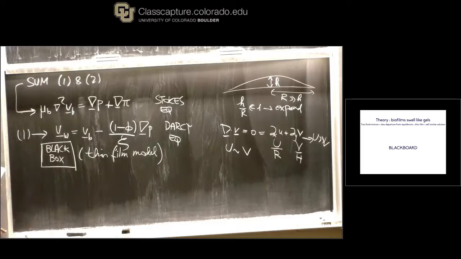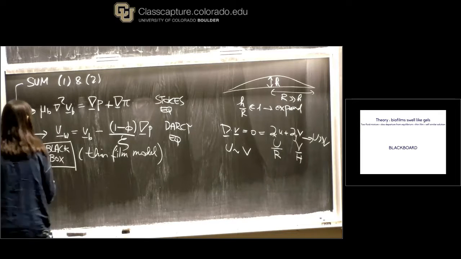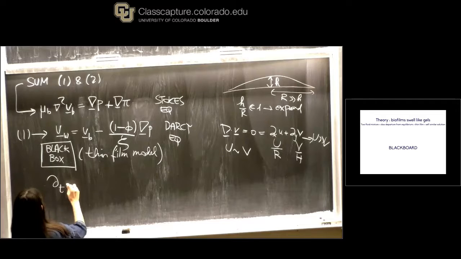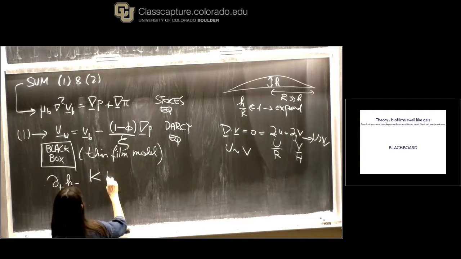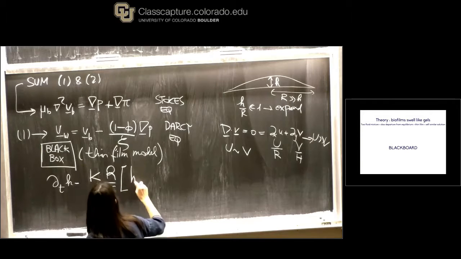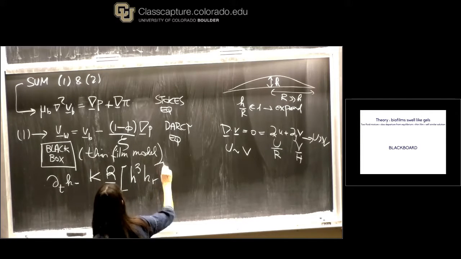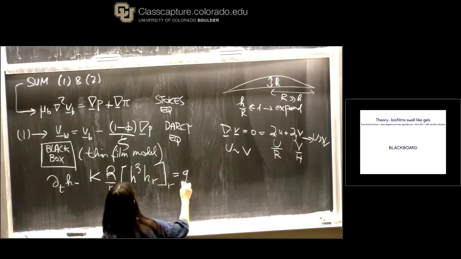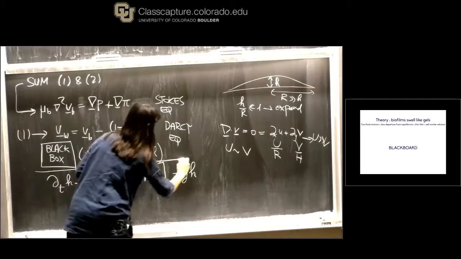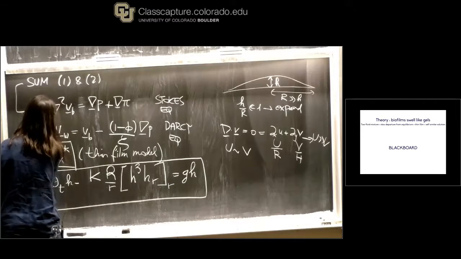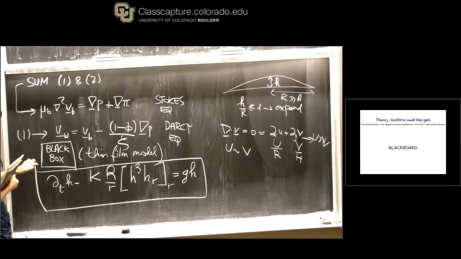You'll have to believe me that you end up with an equation for h. Let me write it down. The way you get this is by integrating your velocity in the z direction.